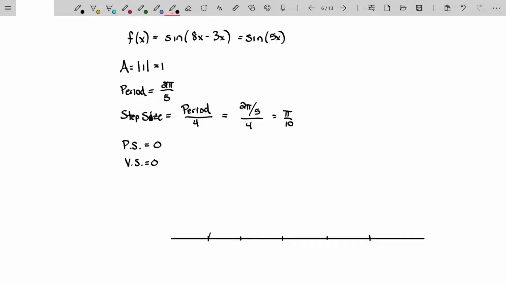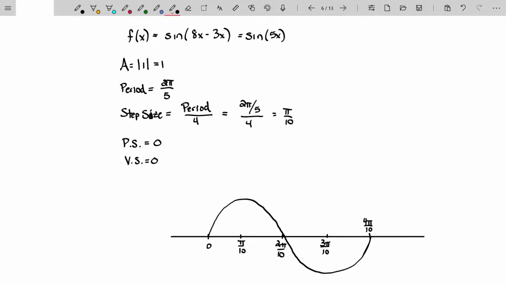I'll go ahead and just try my best. That's a pretty decent sine curve, I guess. Since there's no phase shift, we start at 0. Step size is pi over 10. So this is 2 pi over 10. This is 3 pi over 10. If this does not make sense to you, please see my video on graphing sines and cosines. But there you go.